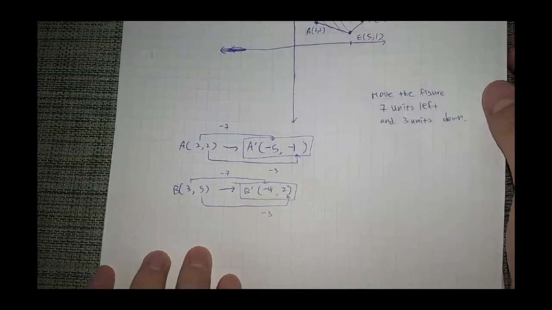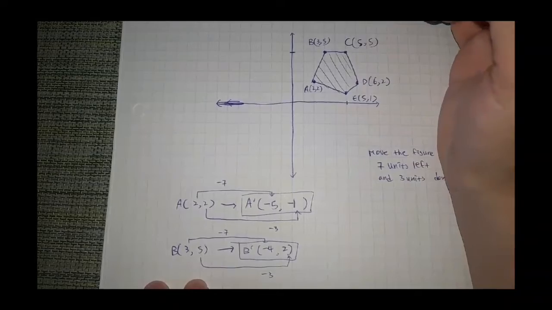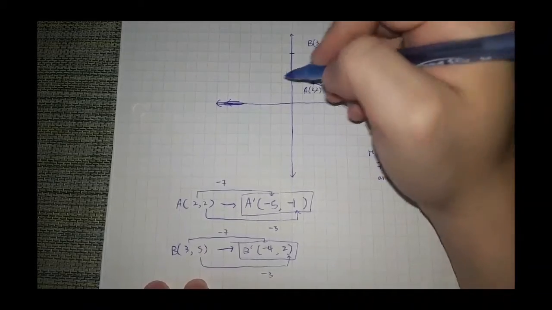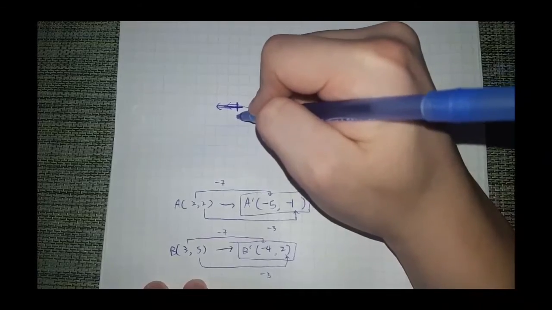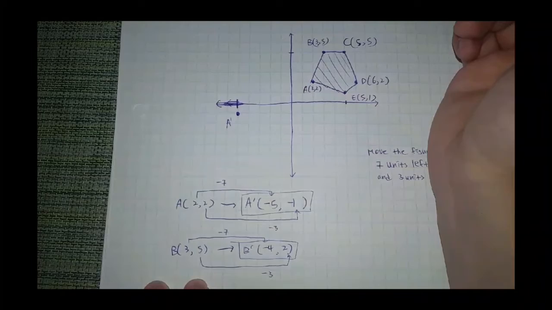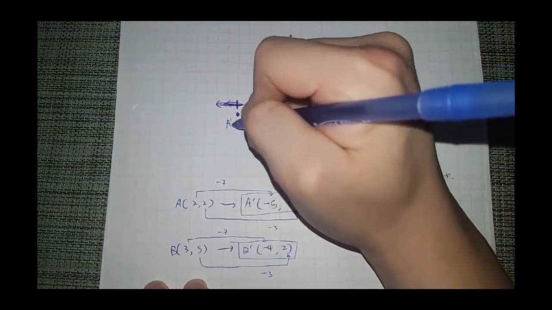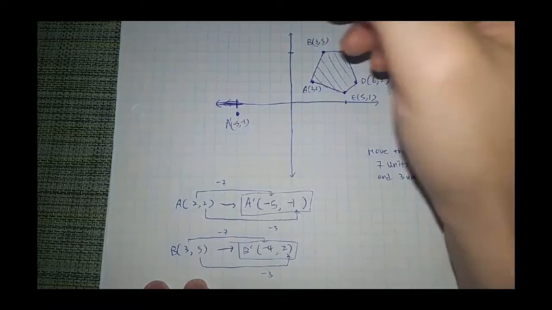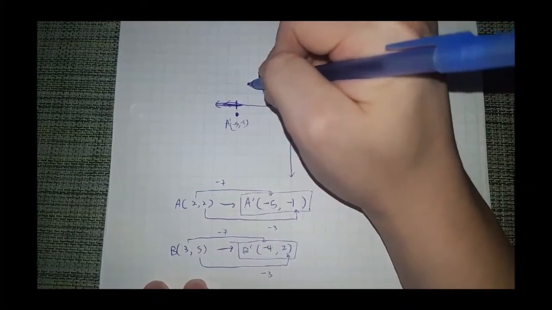Because if you construct 2 or 3 points, A's new position is 5 to the left and 1 down, negative 5 and negative 1. And B we found, 4 to the left and 2 up.